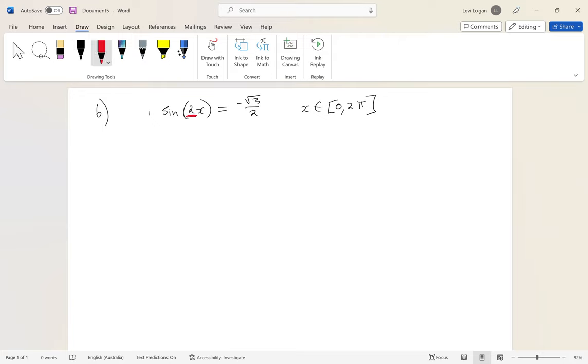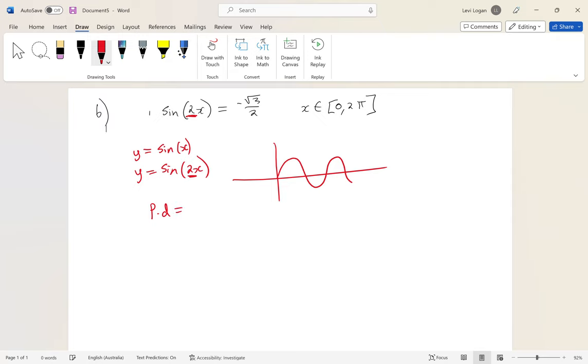Basically what that would do, let's say if we had the graph y equals sine x and the graph y equals sine of 2x. So this is y equals sine x. By putting this value in here, the period distance equals 2 pi over the b value, if you're given the form y equals sine bx.